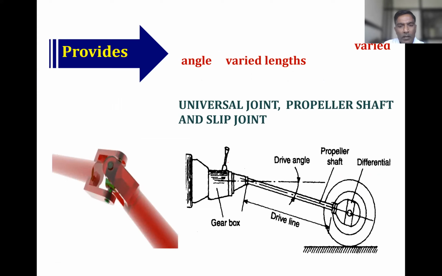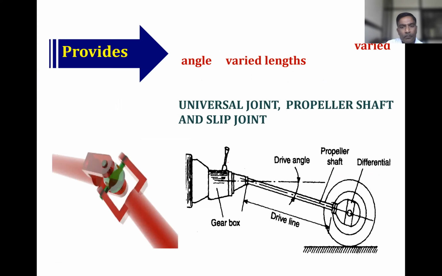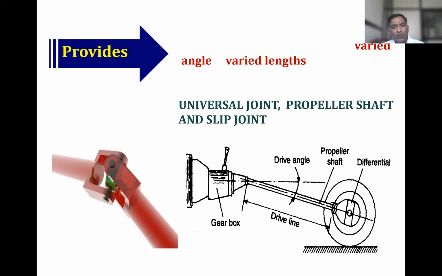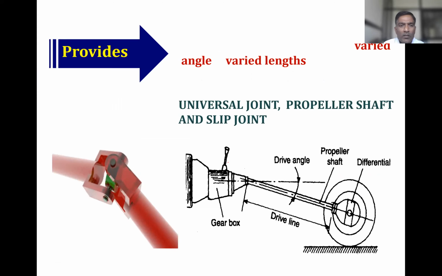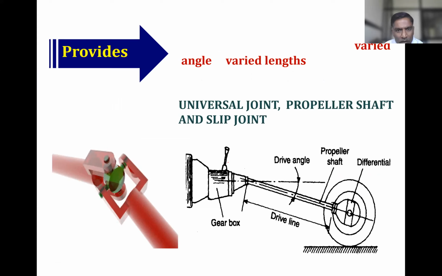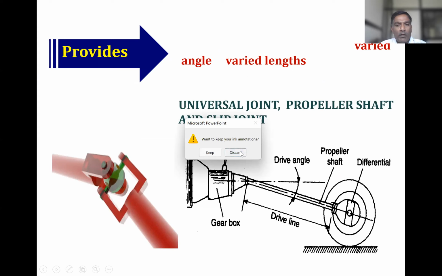Okay. Then next one is next requirement, that is which provides a varied angle and power transmission at varied length. Give me 1 minute.